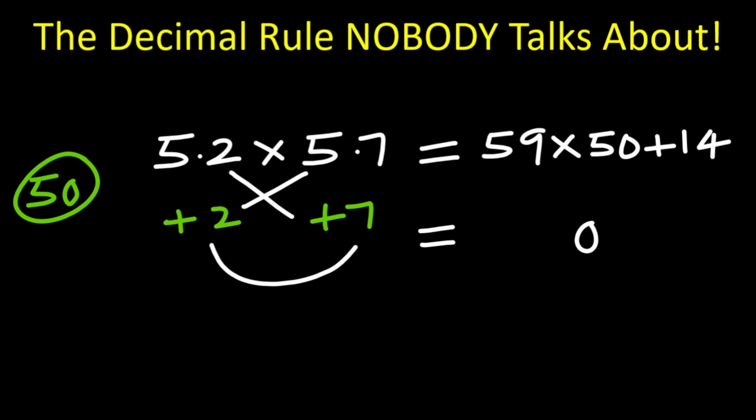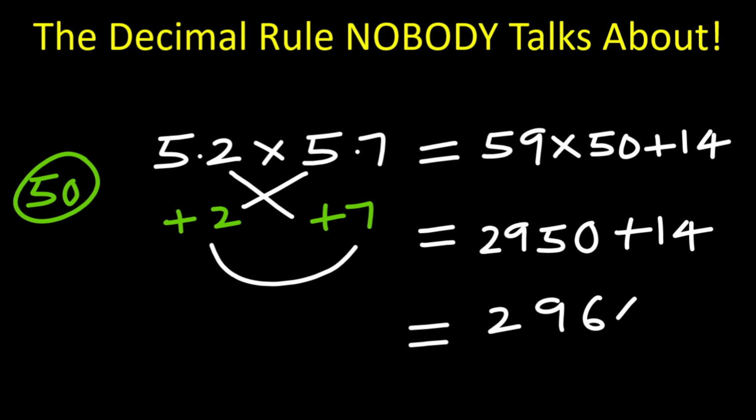Now just have to multiply 59 by 5. 59 times 5, that's going to be 295. So 2950 added to 14. Now what is the answer? So when you add these two up, you get 2964.